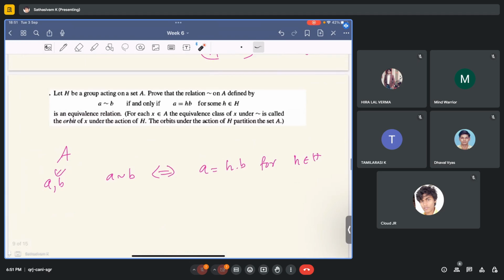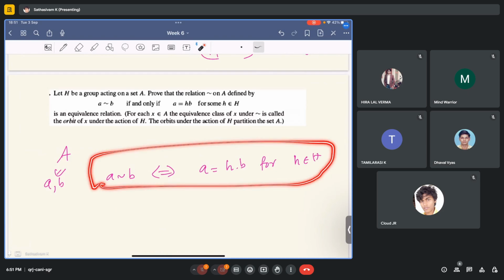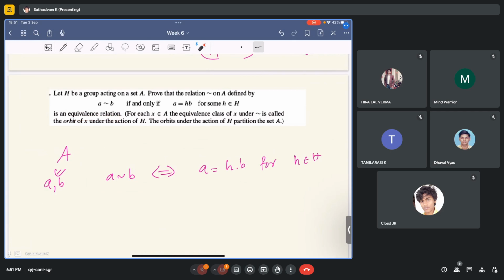Now, what is the question? The question is that we want to prove that the relation we defined here is an equivalence relation. You know what an equivalence relation is, right? When we did cosets, we might have done what an equivalence relation is.